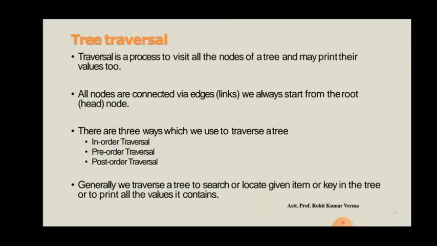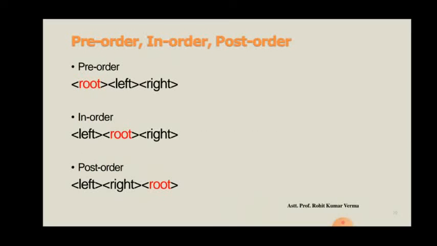Now I can tell you one by one what happens in pre-order, in-order and post-order. In pre-order, first of all we visit the root node, then left, then right, so it is root, left, right.